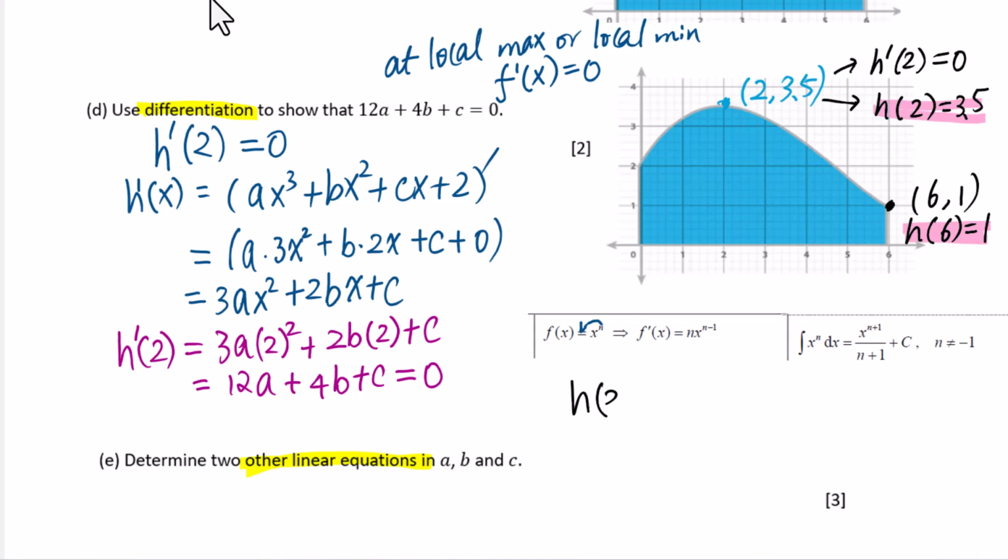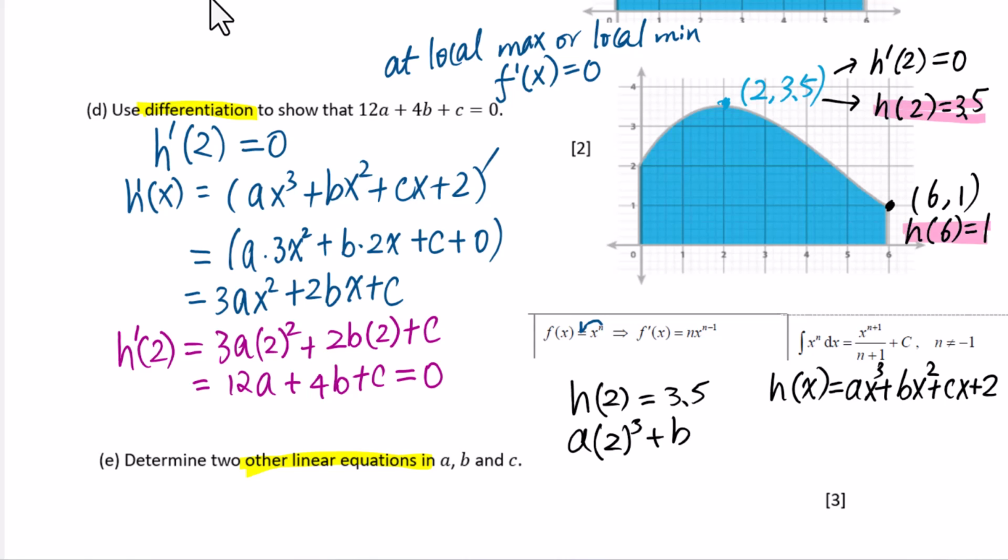h(2) = 3.5. We know h(x) = ax^3 + bx^2 + cx + 2. Substitute 2 for x: a times 2 to the third power plus b times 2 squared plus c times 2 plus 2 equals 3.5.